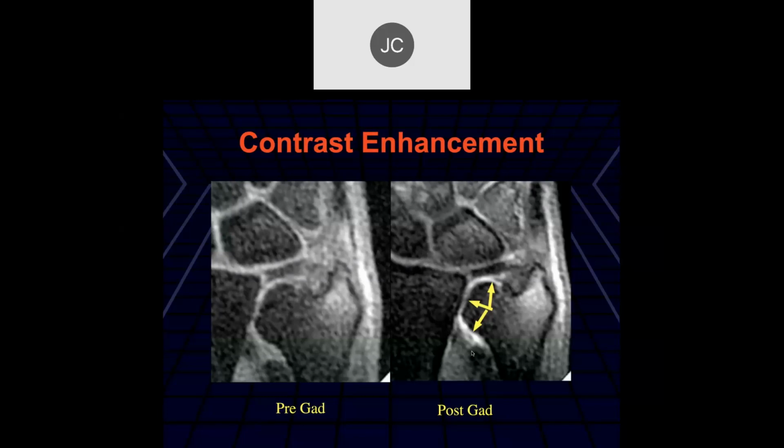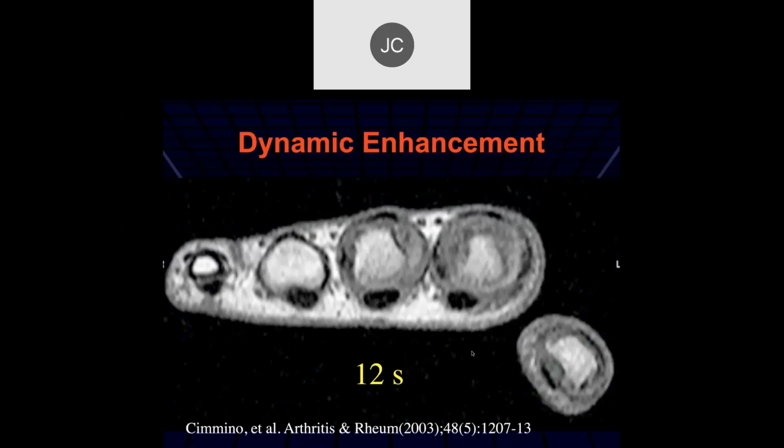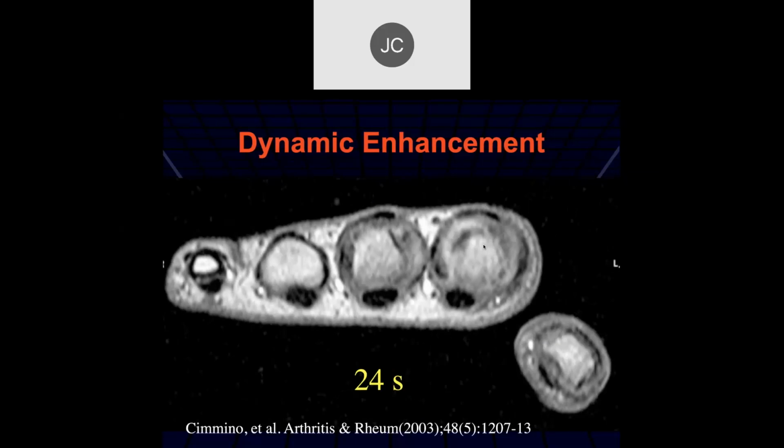In the U.S., we tend not to be as aggressive with contrast. Here's just from a study that we published in 2003 where I did dynamic contrast enhancement. Here's a T1 weighted image on a 1 Tesla extremity scanner, and at 12 seconds, we can see there's some synovial thickening here involving the second, third metacarpal phalangeal joints, but the signal intensity looks normal.